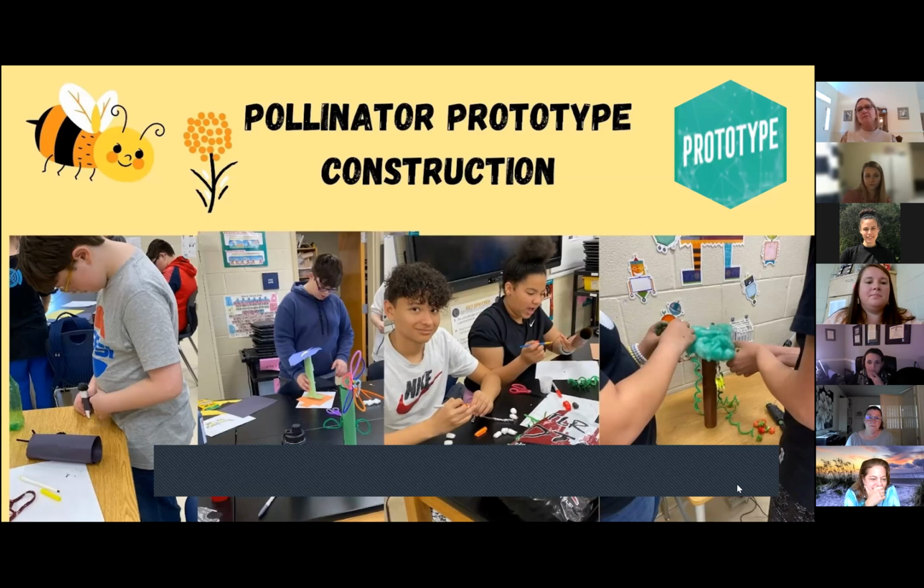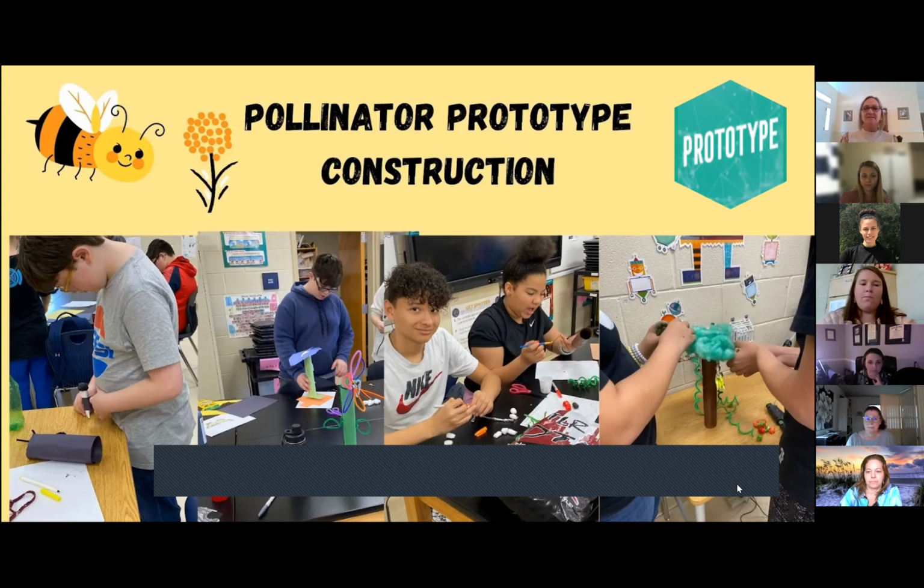Some students wanted to work in pairs and some wanted to work by themselves, and I just let them decide that. Lots of different raw materials that we used: toilet paper and paper towel rolls, construction paper, some paint, some clay, cotton balls, whatever we could find.